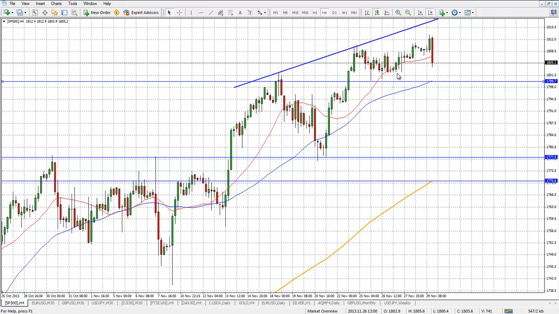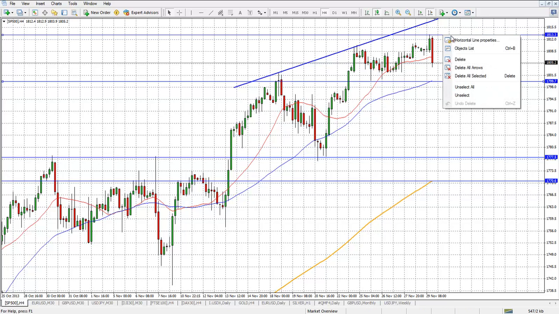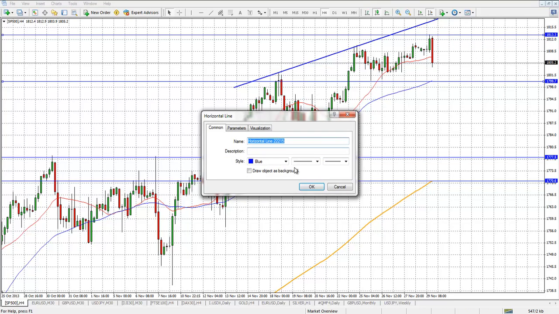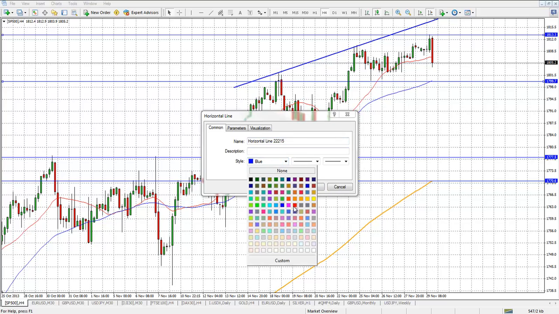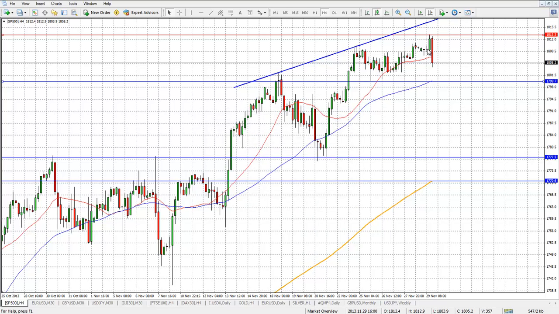Alternatively, as I mentioned already, levels of resistance can be found here at the current highs. So we're going to change that to be nice and red. So around 1813, 1813.30, followed by this rising resistance trend line, but it's only guesswork.